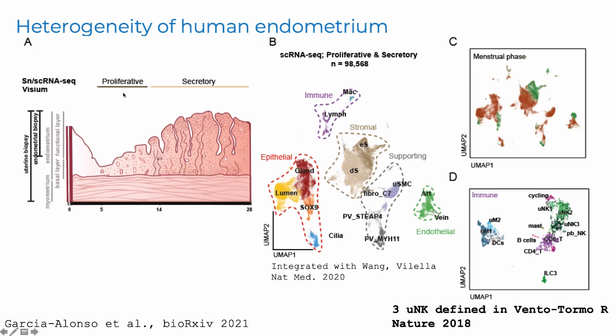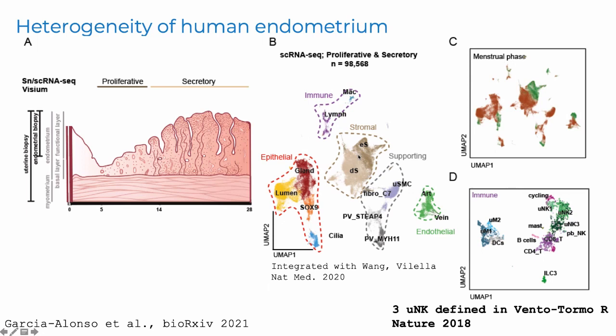And then we profiled 10 individuals, together with other individuals that were published recently in a Nature Medicine paper. Then we integrated all the data sets and found the main populations.